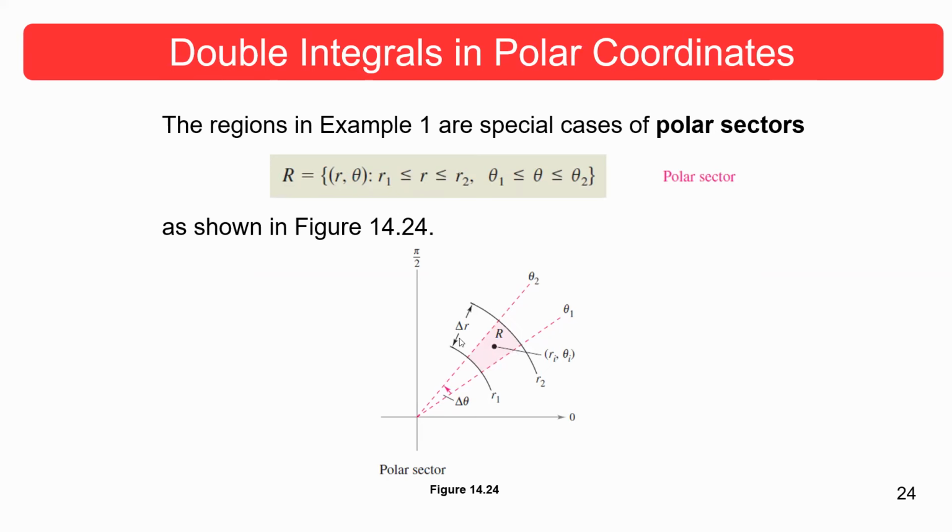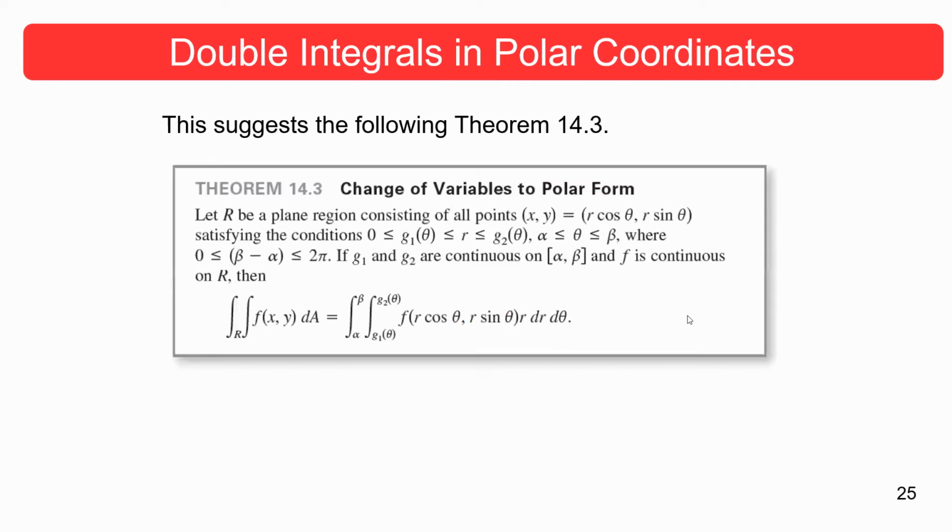You can see that the region is present between r1 and r2. That's why in this case, it is from r1 up to r2, and then the angle in which it is present is from theta 1 up to theta 2. That's the delta theta. So this one, the region, is now in terms of r and theta.